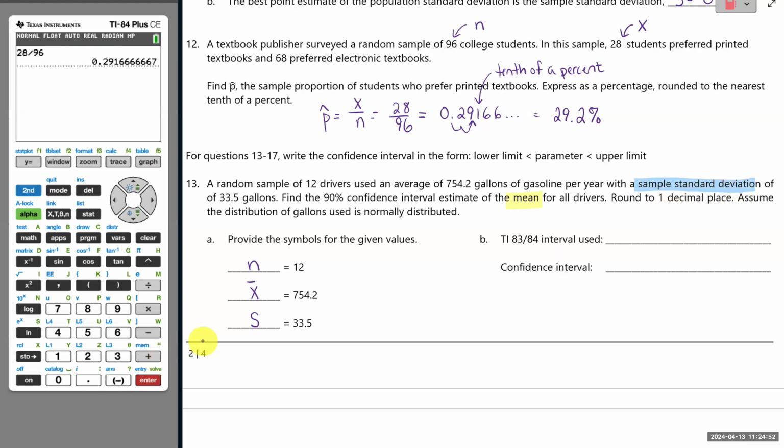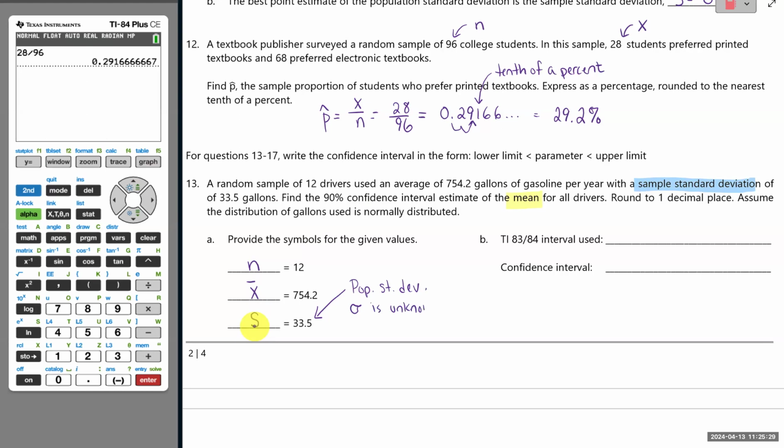All right, so they do say assume the distribution of gallons used is normally distributed. So that last statement is required because the sample size 12 is considered small for us, so under 30. So that last part just allows us to move forward and pick our correct distribution. So the sample standard deviation is known, but the population standard deviation, sigma, is not given to us.